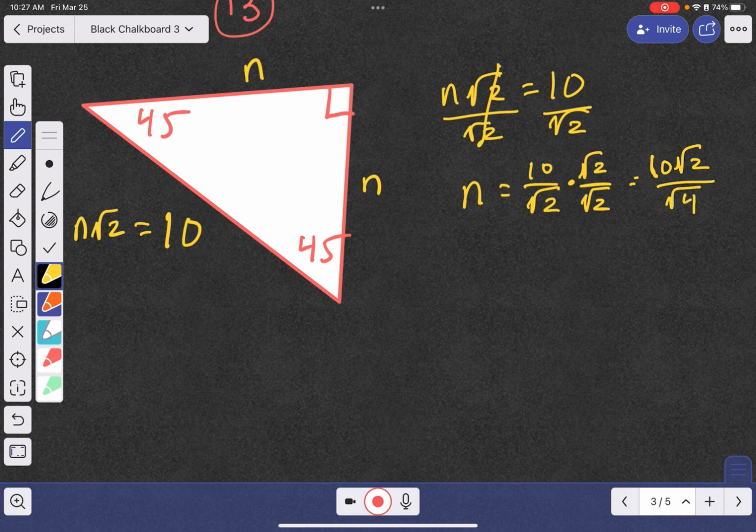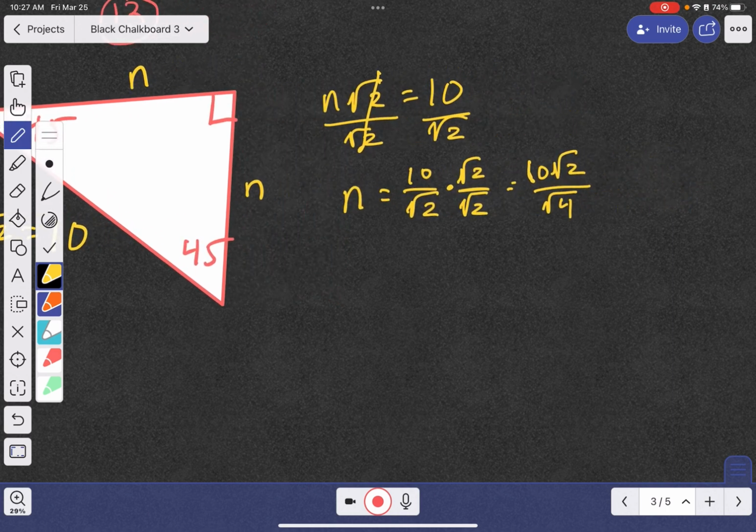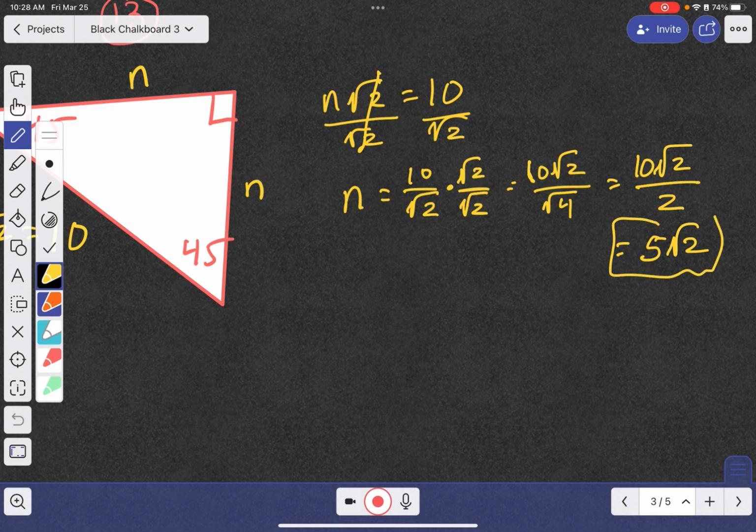We can't multiply 10 times 2 because 10's on the outside, 2's on the inside. And then radical 2 times radical 2 is radical 4. But we know what radical 4 is. That's 2. And now because the 10 and the 2 are on the outside, the result of that is just 5 times the square root of 2.